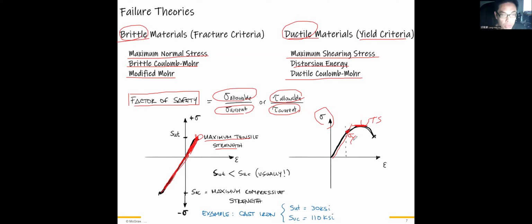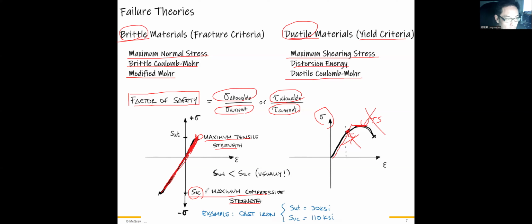However, for brittle materials, we cannot find this ultimate tensile stress and yielding stress. Therefore, we define the maximum tensile stress, which is the fracture stress, or the maximum compressive stress.